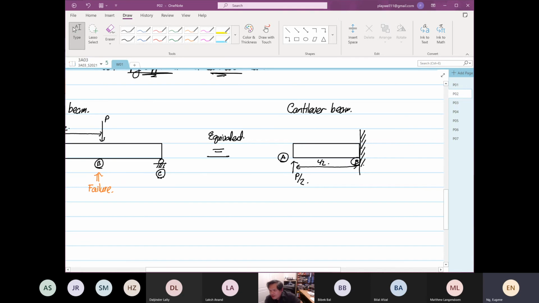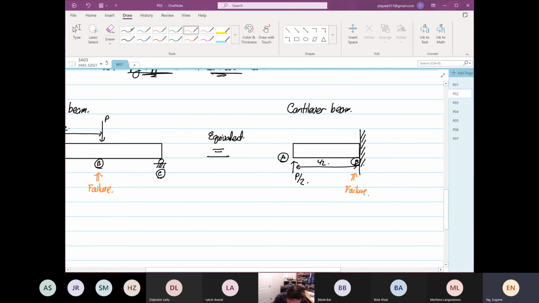Okay, it will also fail at point B. Failure will occur also at point B. So you can see some similarities already, yes or no?